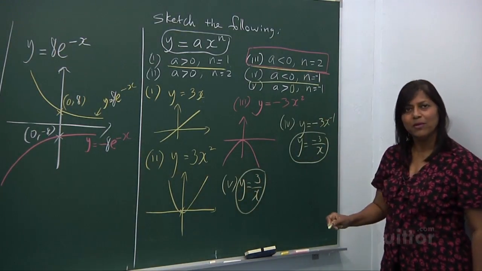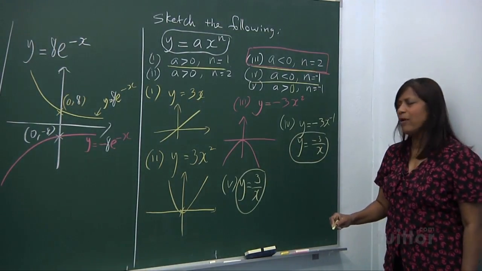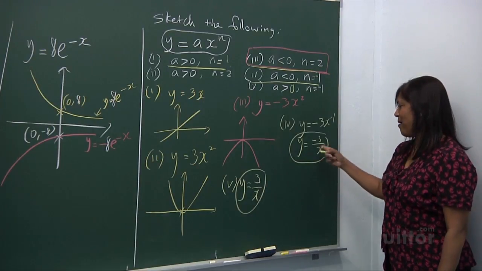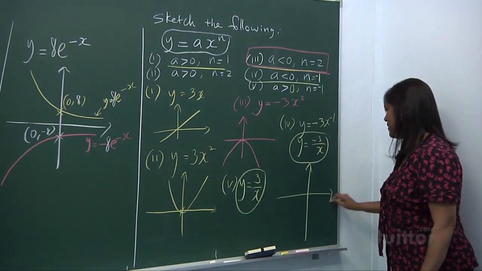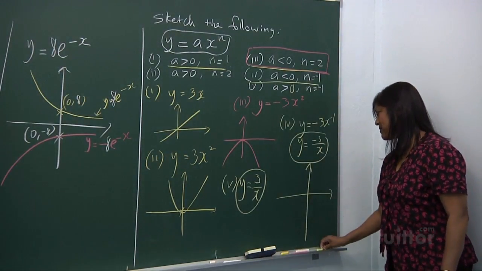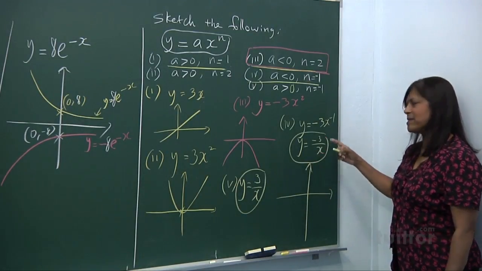Look at this too. Remember what we did earlier on. x cannot be 0. Alright, so let's look at this first. As x gets bigger and bigger, y gets smaller and smaller.